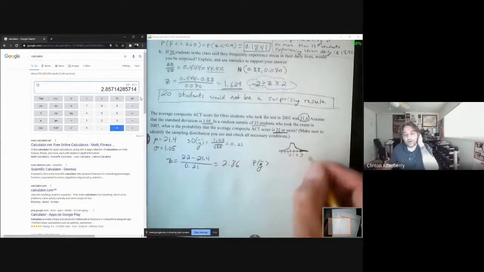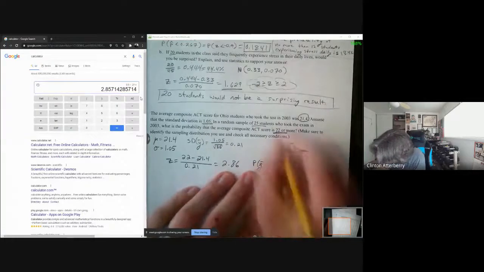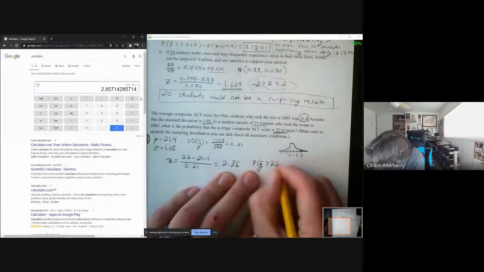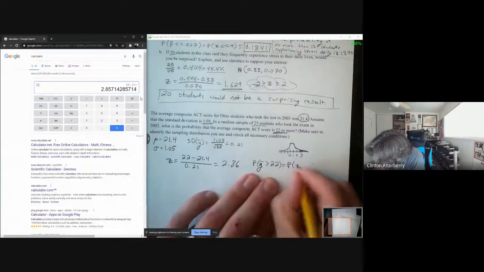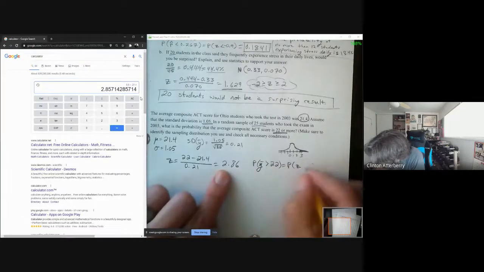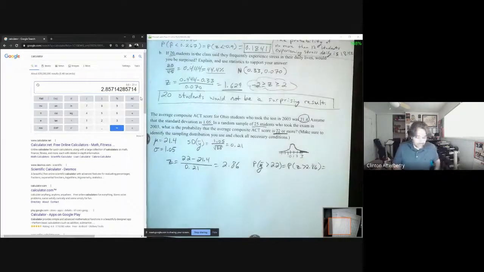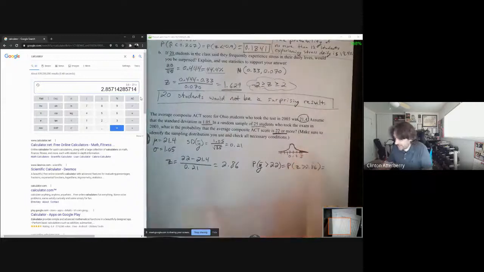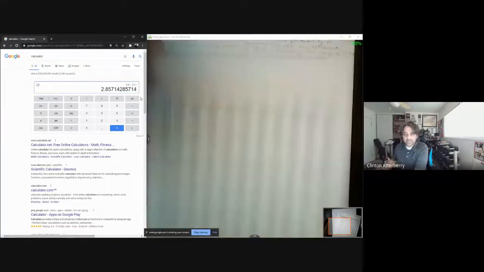So I'm assuming it's going to be a small probability. 22 or more is the same as having the probability of getting a z-score of greater than 2.86. So z-score, z-table, but be mindful it's right side shaded. This table says left side shaded, so you have to do a small trick to fix that.